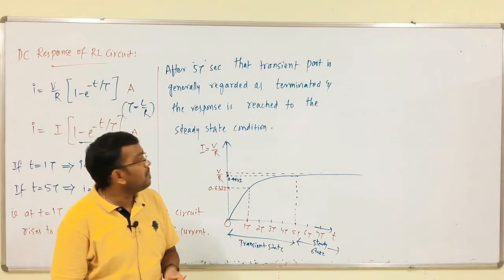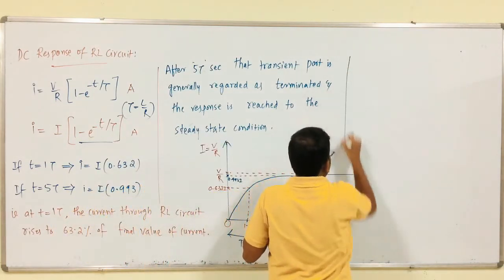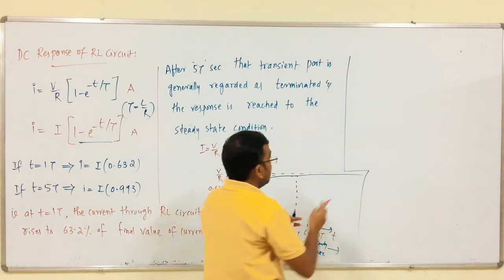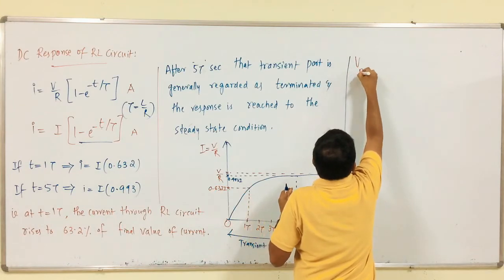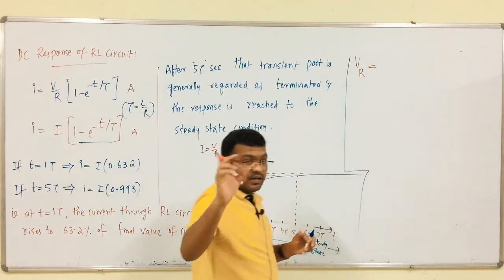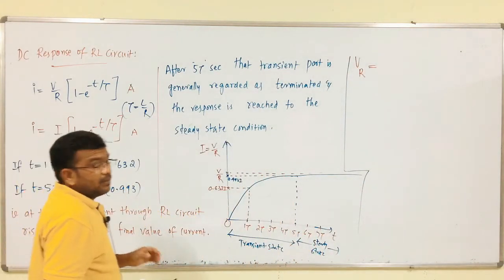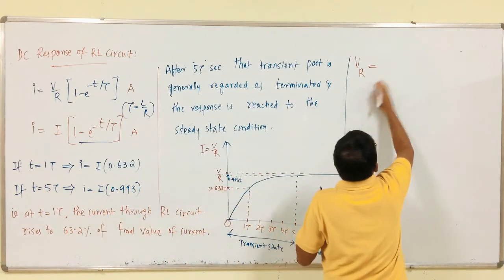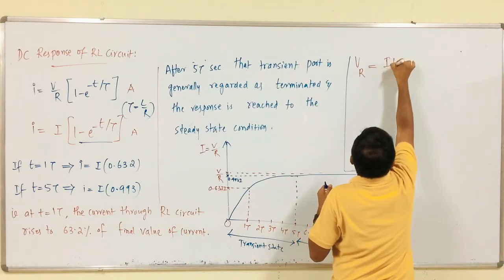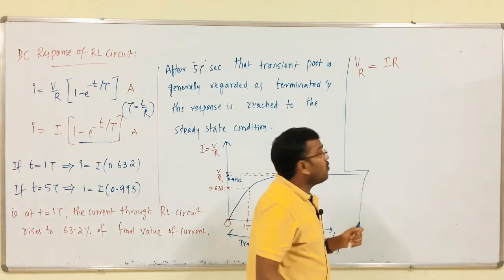Now, we have to calculate the voltage across the resistance, that is VR. VR is the voltage across the resistance, simply I into R. What is the value of I here?